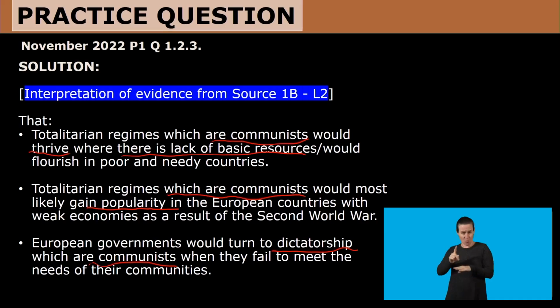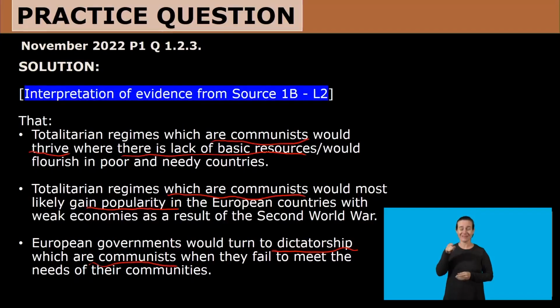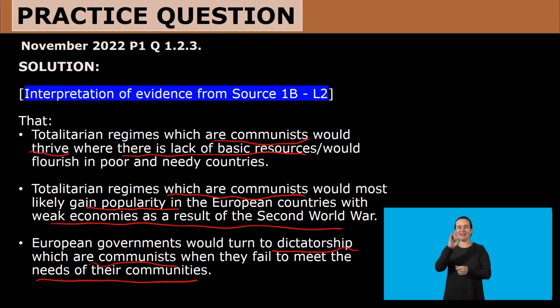Another thing that is repeated in all these possible responses is the needs of the communities. You can see there the weak economies as a result of the Second World War is included, and also in the first option that you can give, it says in poor and needy countries.